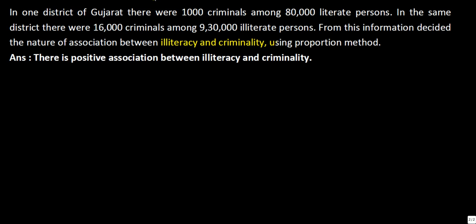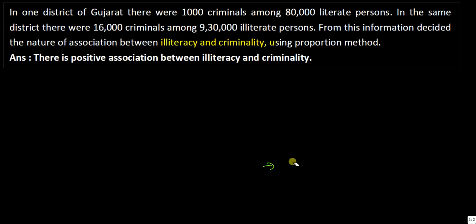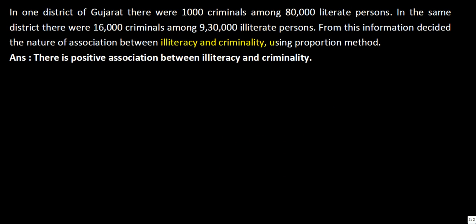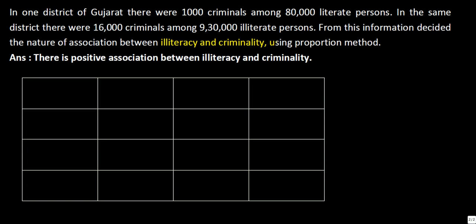Okay, so first A is equal to literate people, therefore alpha is illiterate people. B is equal to criminal, then beta is equal to not criminal. So first we have to prepare our table. Here is our table.